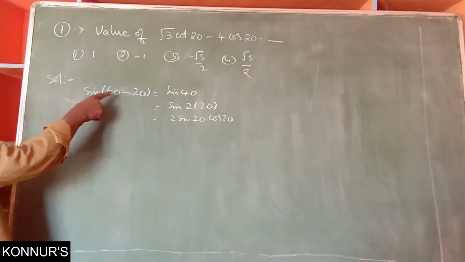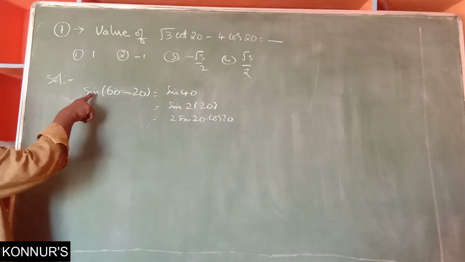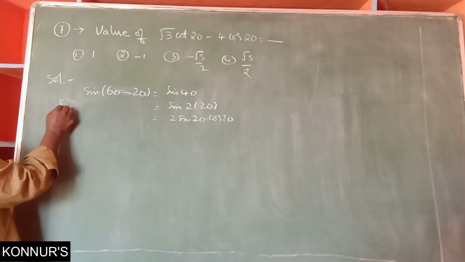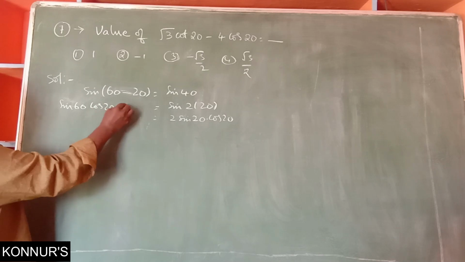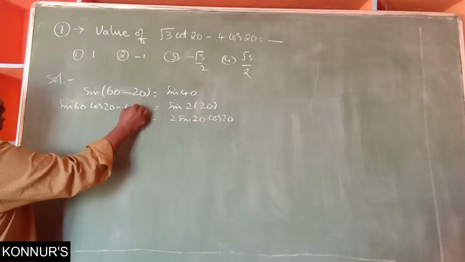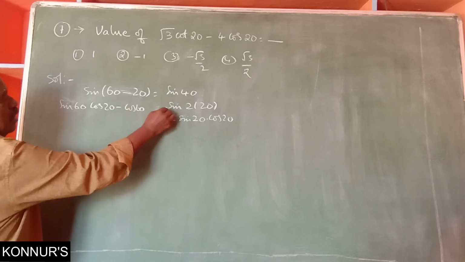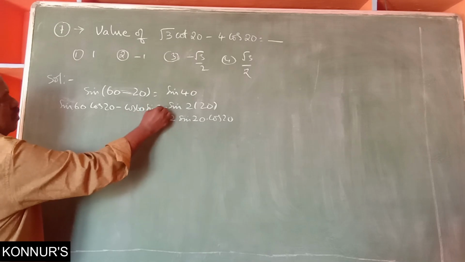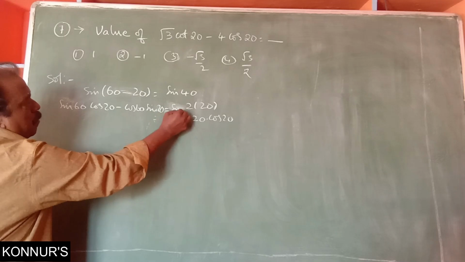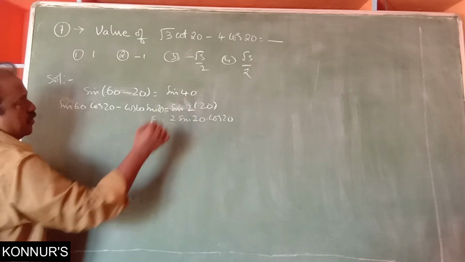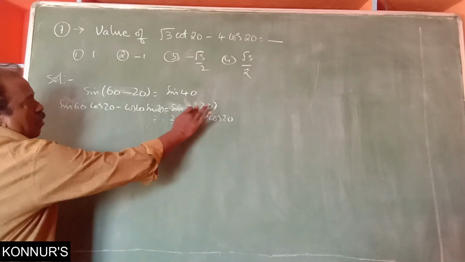Here, by compound angles, sin of a minus b is sin a cos b minus cos a sin b. Okay? Right. Now, observe.